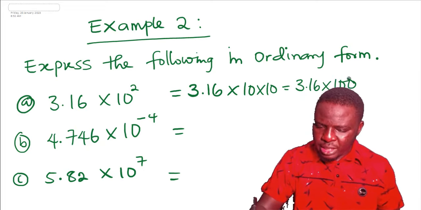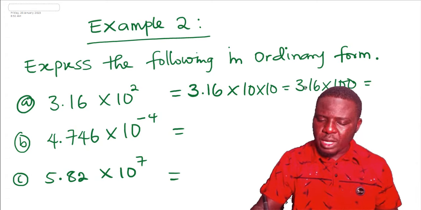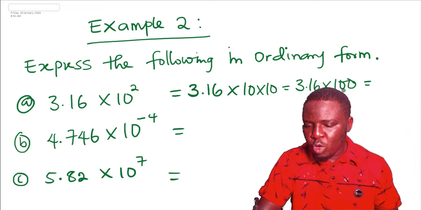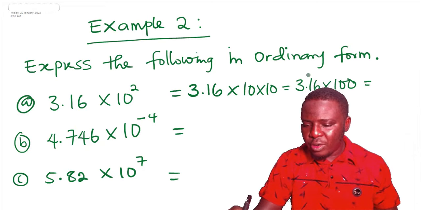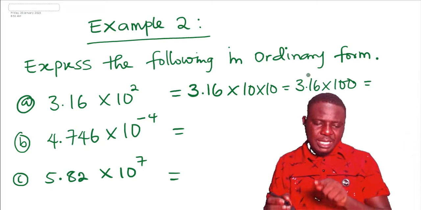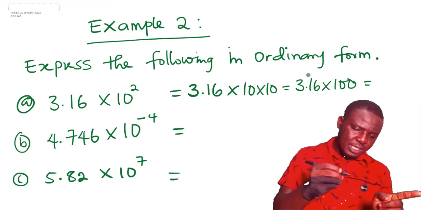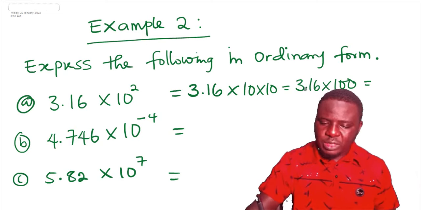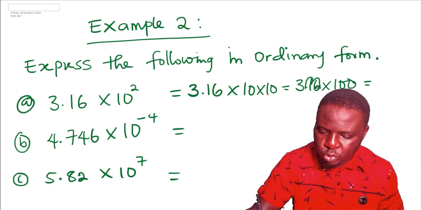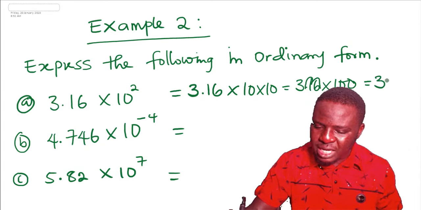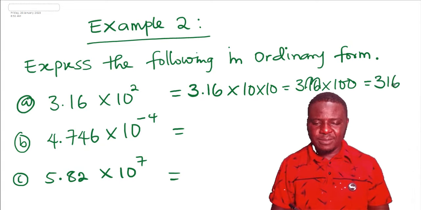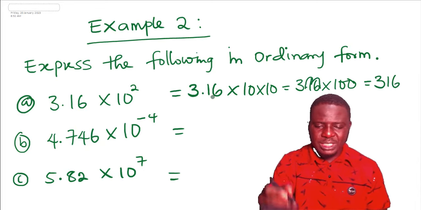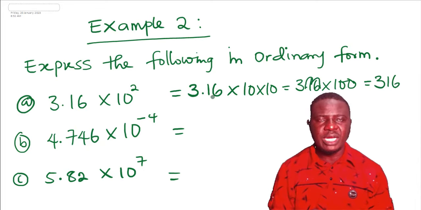So you move the decimal point 2 times to your right, because initially we were moving it to the left, and in the reverse method you move it to the right. So this becomes 1, 2, and this gives us 316. Or with the help of your calculator, when you multiply 3.16 by 100, it gives you 316.